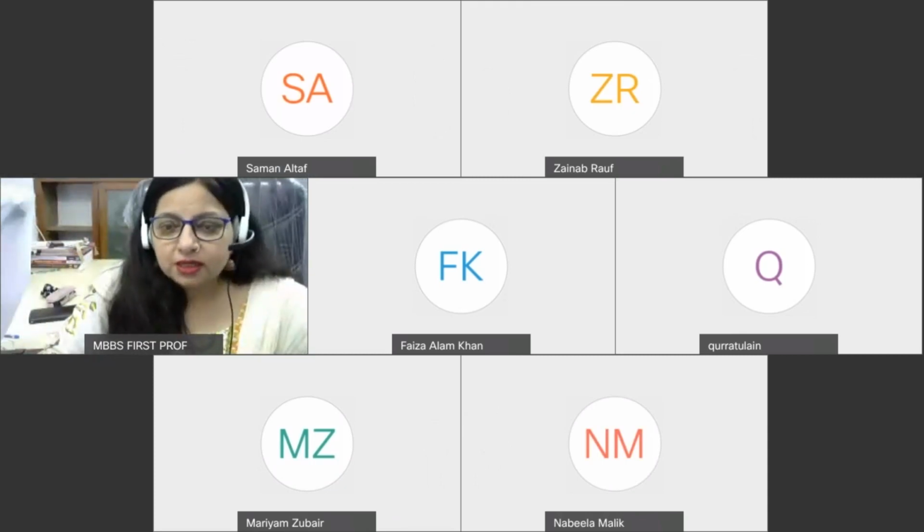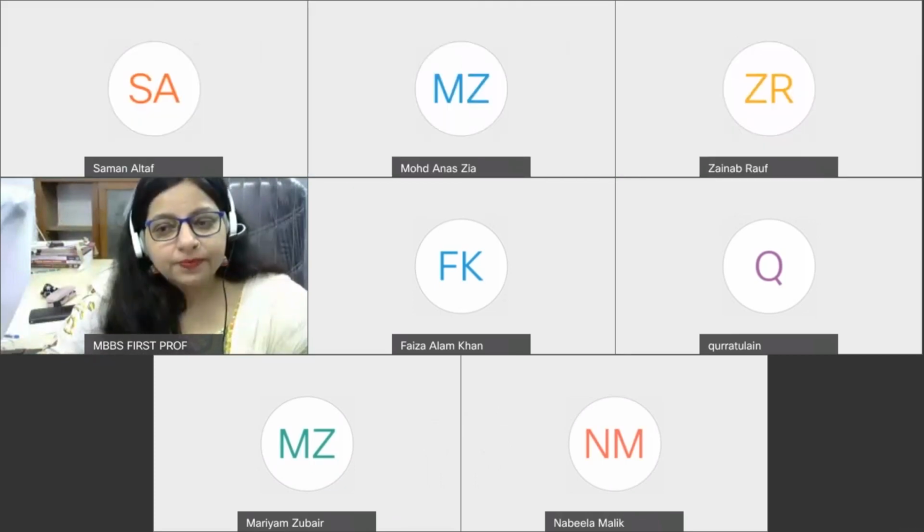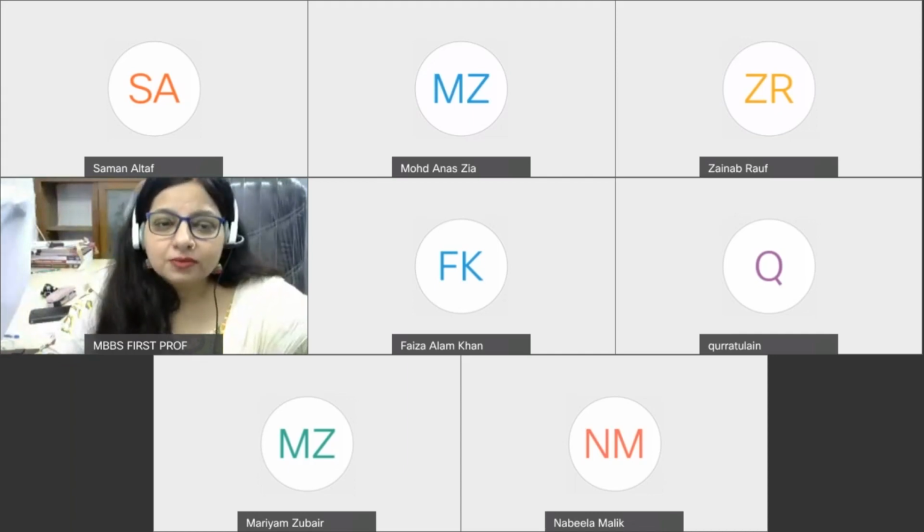I mean, can start and then we'll go ahead with today's topic, that is development of tongue. So how was the palate developed? Ma'am, palate develops from frontonasal process and maxillary process. The primary palate is developed from the frontonasal process, out of which the medial nasal process. Secondary palate develops from palatine process of maxilla. Palatine process of maxillary process.